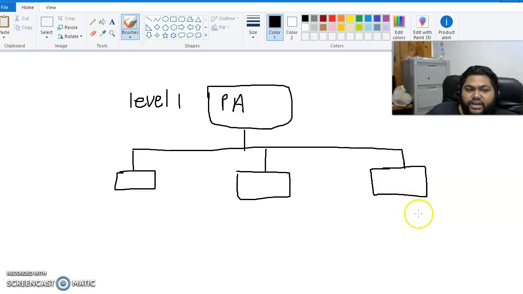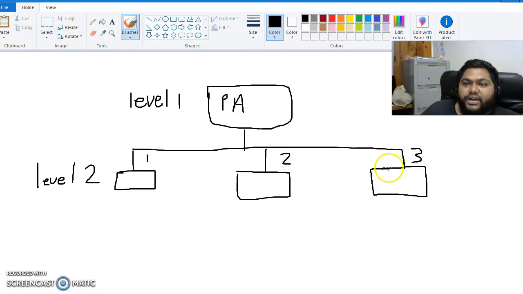This is just an example that I am showing you, and we will call this level 2. These are the 3 phases that I am talking about, 1, 2, and 3. You can label them so that each phase is distinct on its own.